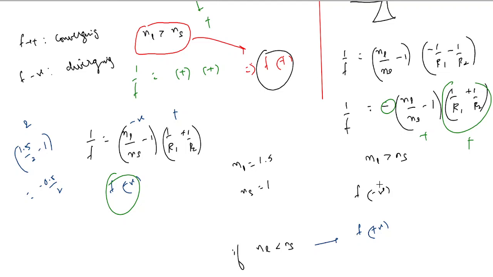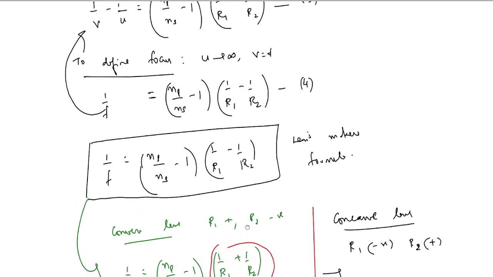So their behavior is interchanged. As long as the refractive index of the lens is more than that of the surrounding medium, they'll have the usual property. When the refractive index of the lens is less than that of the surrounding medium, they'll have different properties.